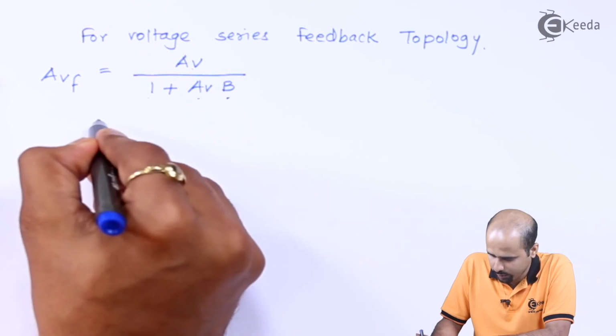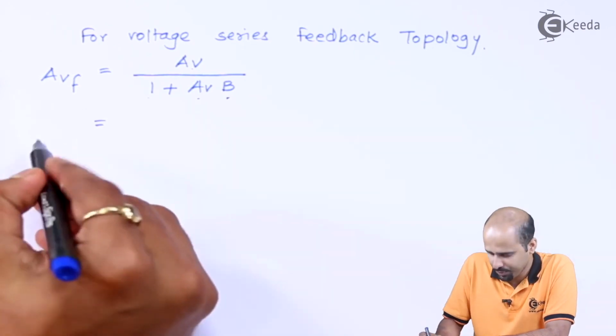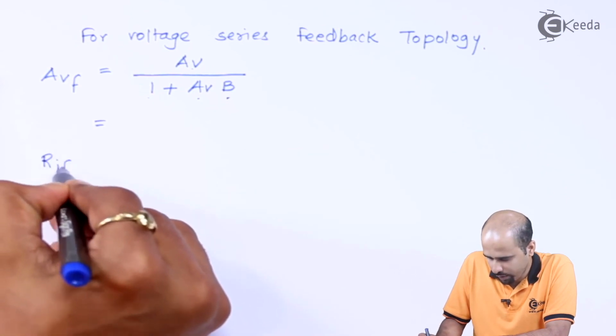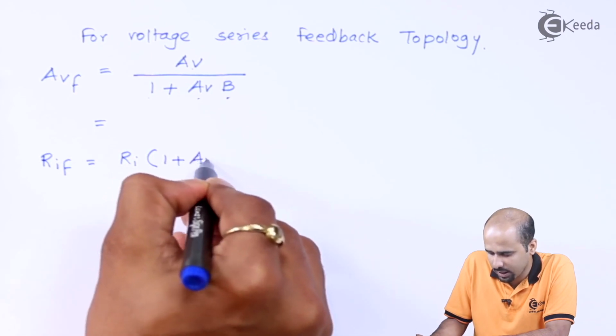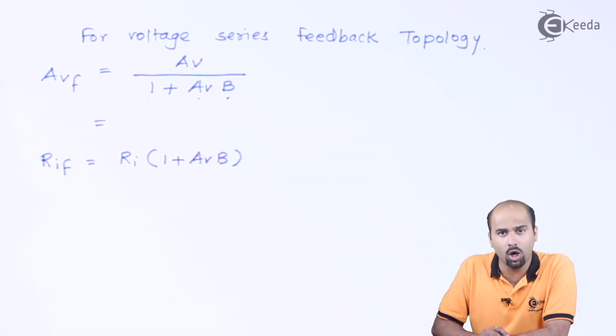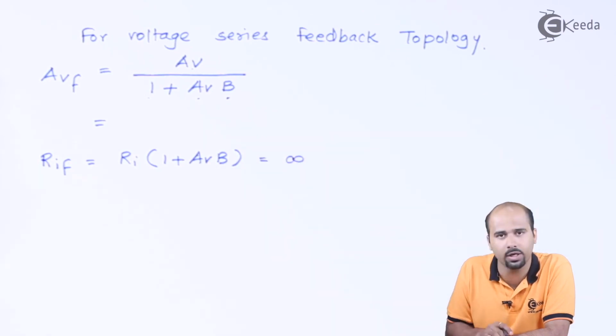We'll find out that value, check whether your calculator is working or not, and then come to me. The value of RIF is Ri multiplied by 1 plus AV into B. Already we have Ri equal to infinity, so this will become infinity only.